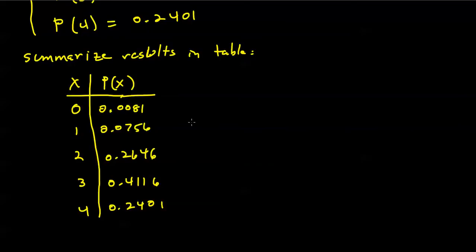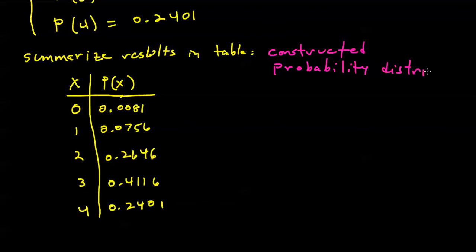Alright, so what I have done here, I have constructed the probability distribution in table type fashion for a binomial experiment.